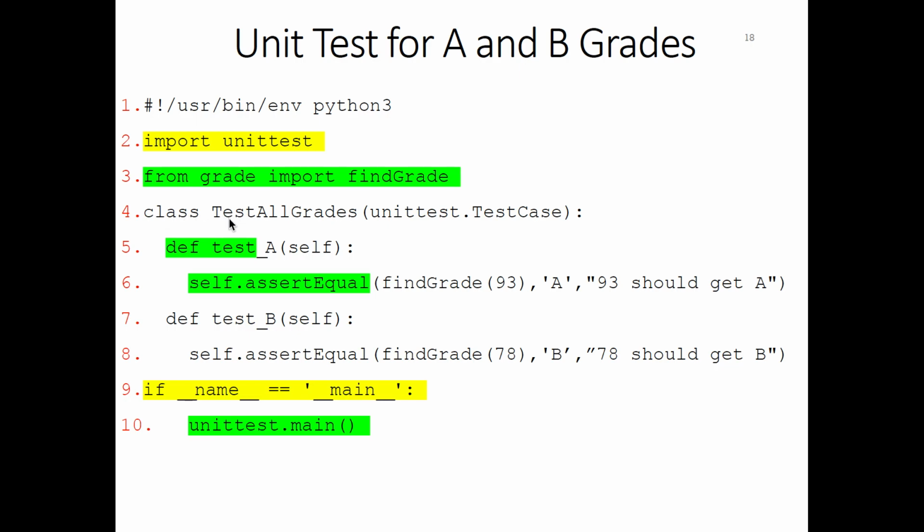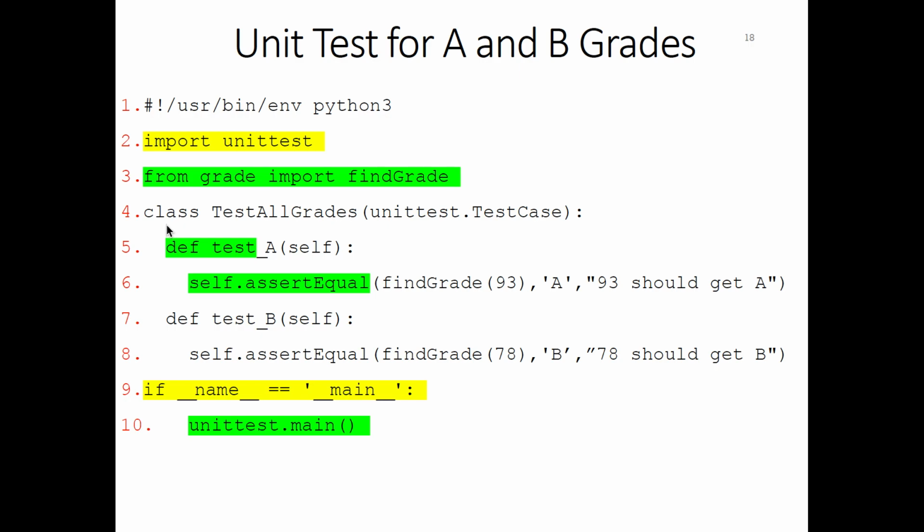So we create a class, TestGrades, inheriting from unittest.TestCase. Here, we use this syntax to import the unittest module. So if we want to use TestCase or the main function in unittest, we need to qualify it with the module name. But for find_grade, we use this syntax, so we don't need to write grade.find_grade.